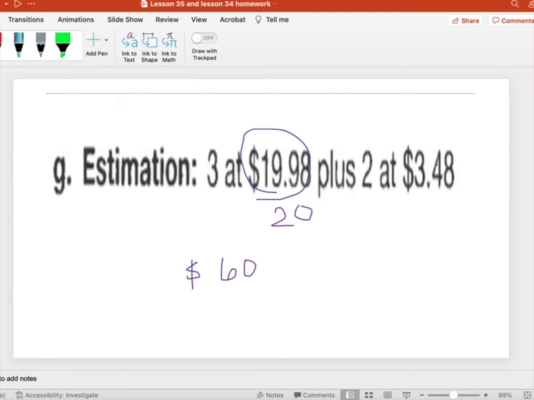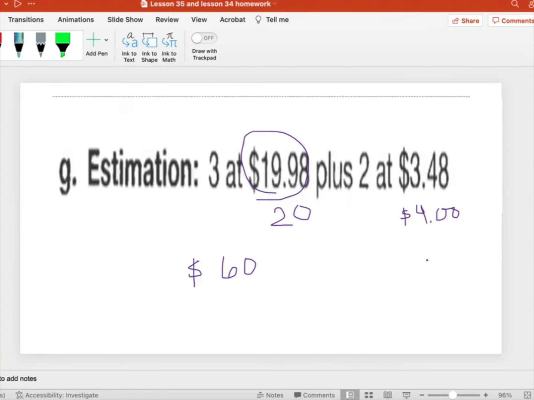And then over here, $3.48, we could go ahead and make that $4. It's closer to $4 than it is to like $3.50. So if we're going to do a good estimate, let's just make it $4. So 2 at $4 would be $8. Okay, and 60 plus 8 would be $68.